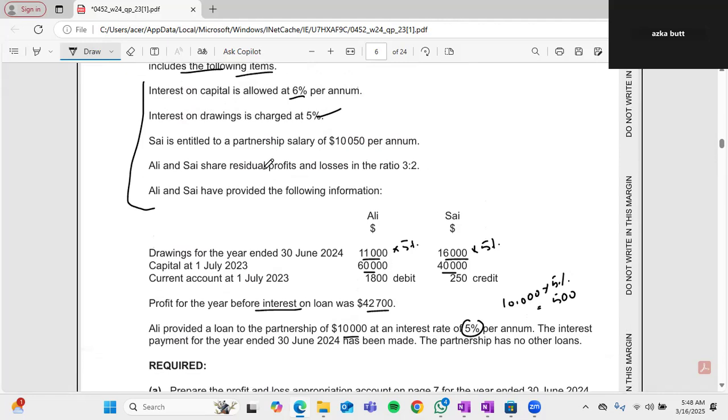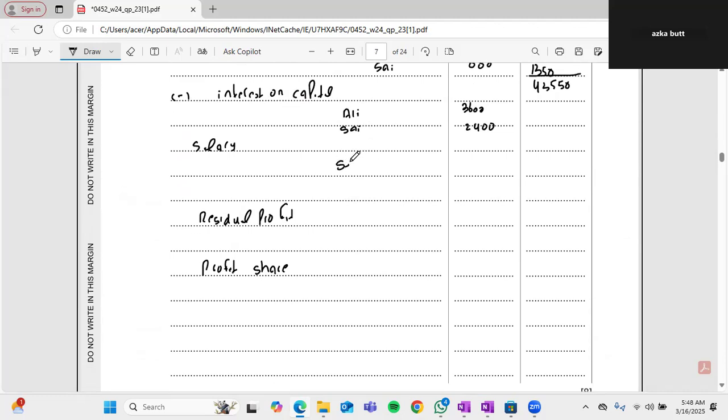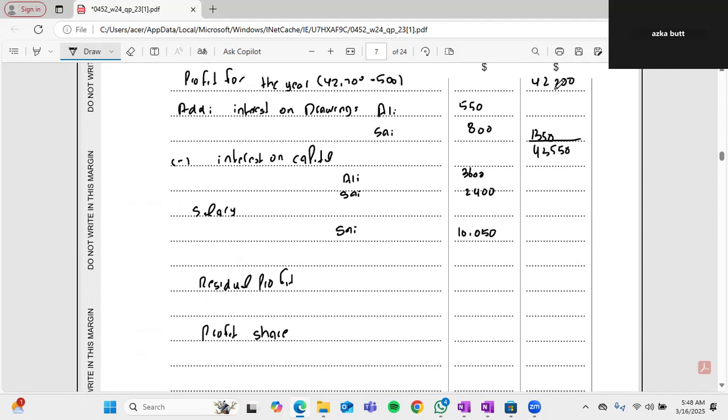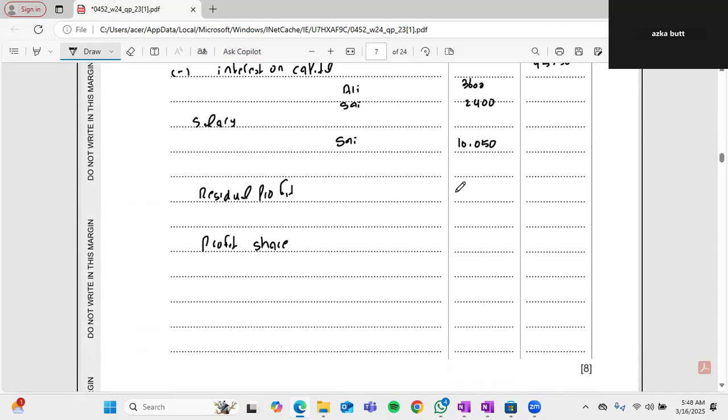Sayi is entitled to a partnership salary of 10,050. So if you deduct interest on capital and salary from the total of interest on drawings and profit for the year, you'll get the residual profit, which is equal to 27,500.